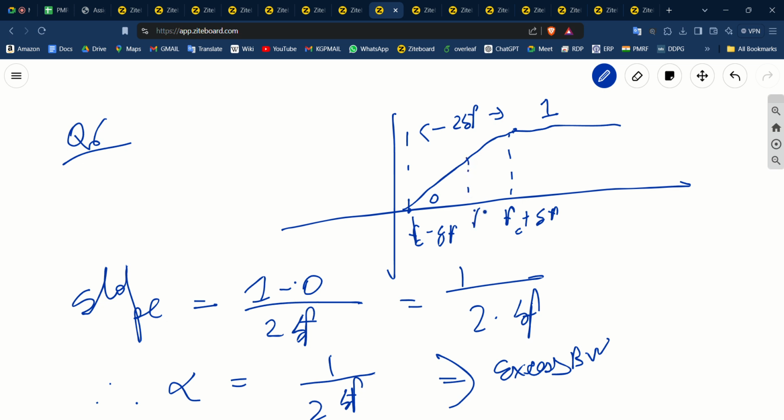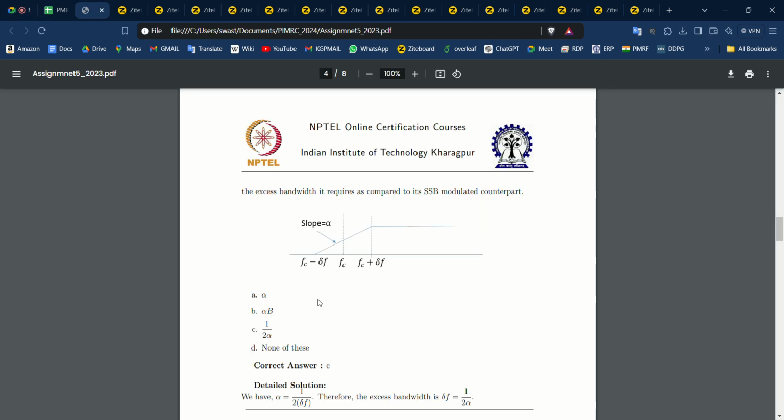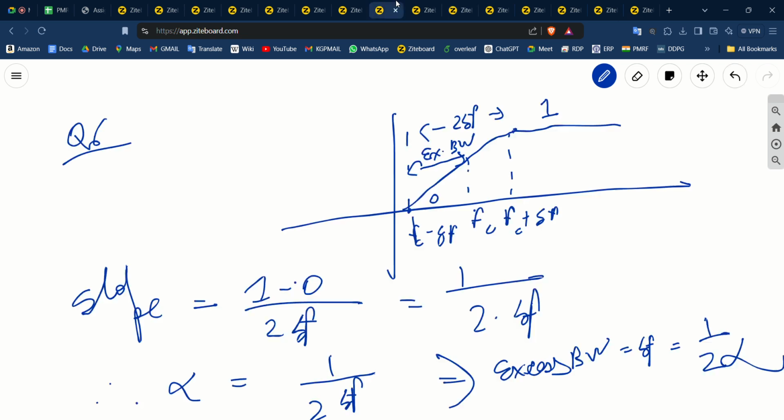So what is the excess bandwidth? The excess bandwidth is this much, which is delta f. So alpha equals 1 by 2 delta f, or delta f equals 1 by 2 alpha. So the correct answer is option C, 1 by 2 alpha.